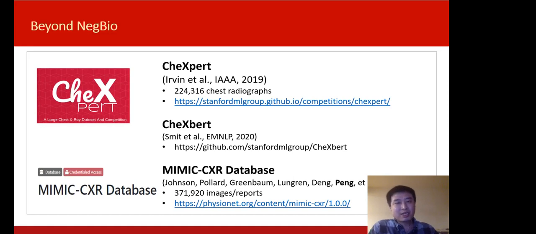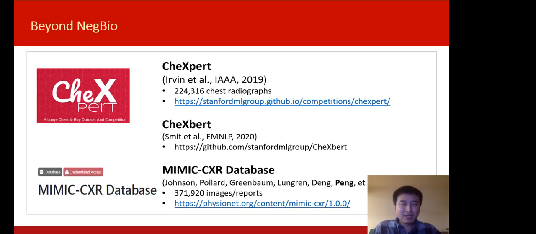Their group developed the CheXpert labeler, which is also a rule-based system built on top of NegBio. They also developed a deep learning-based, BERT-based method to detect the 14 common lung diseases from the radiology reports. The other dataset is the MIMIC-CXR database. It was developed and released by Johnson, who is also one of our speakers in this tutorial.